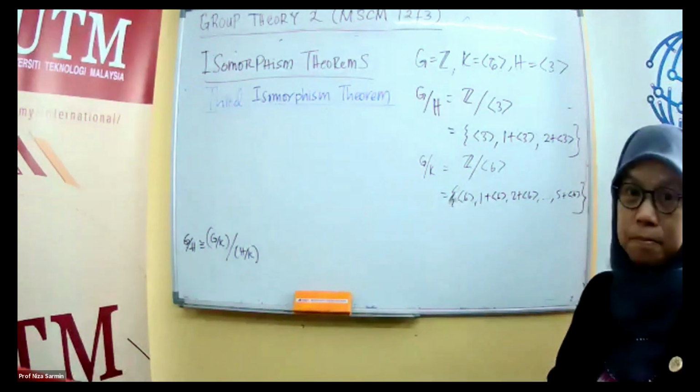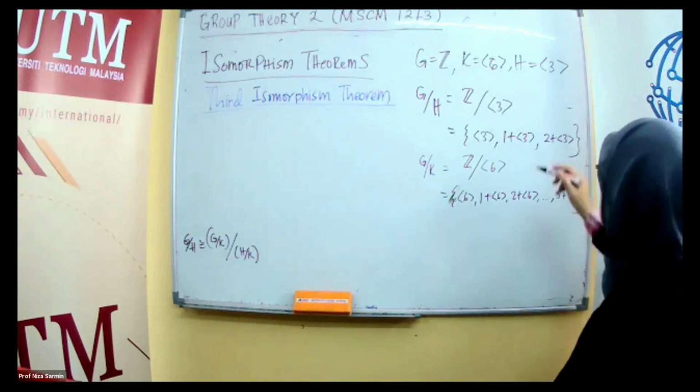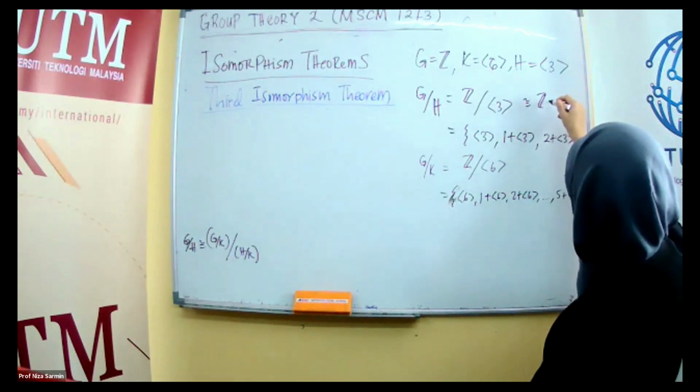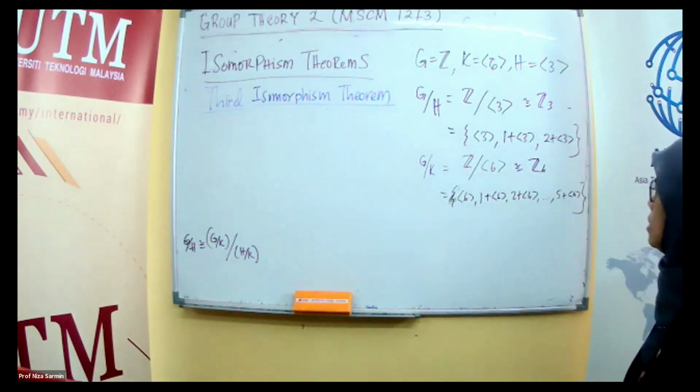So there are 6 of them. So this is actually isomorphic to Z3, and this is actually isomorphic to Z6.